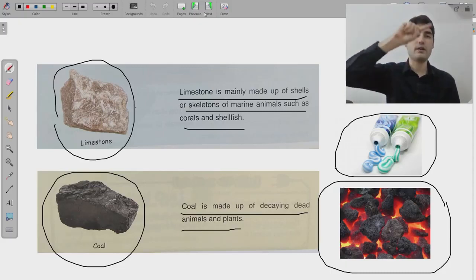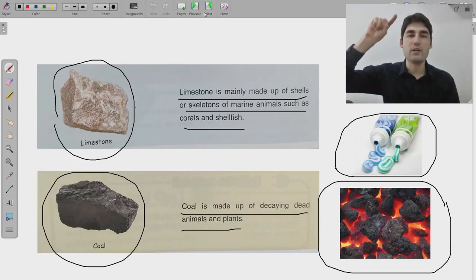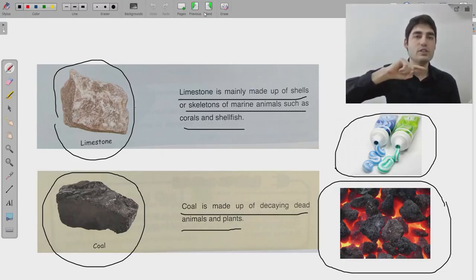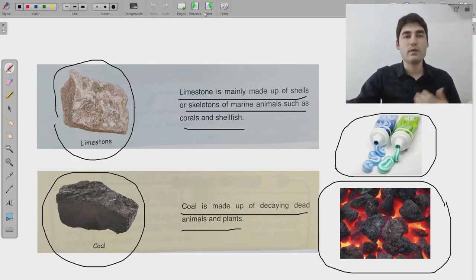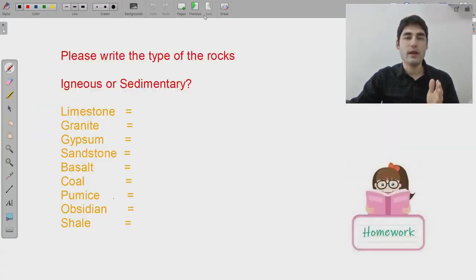It keeps going around and takes a lot of time to change. We will look at the rock cycle and learn how they can change into each other.